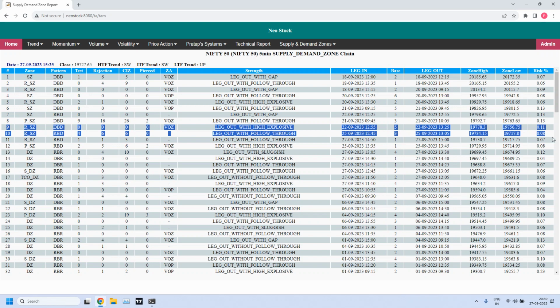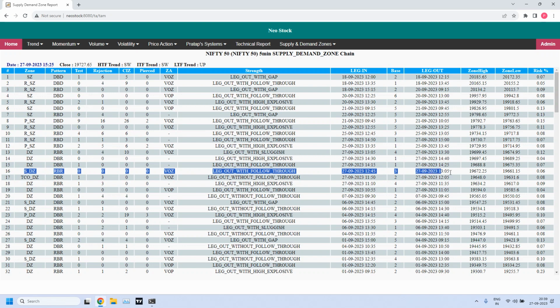They are indicating us there is a lot of supply. So do we have any high liquidity demand zones at 5 minutes level? Here we have it. 19,672.